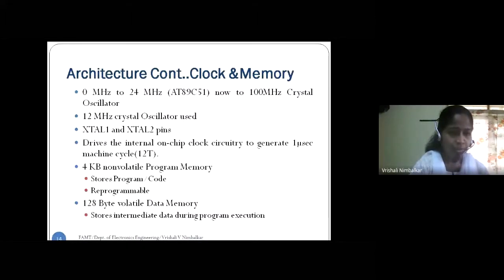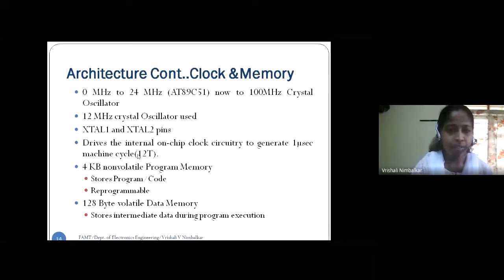So we saw the architecture. We saw a simplified block diagram of 8051. Then we looked into a more detailed block diagram which had special function registers in it. And then we started with the explanation of each and every special function register.